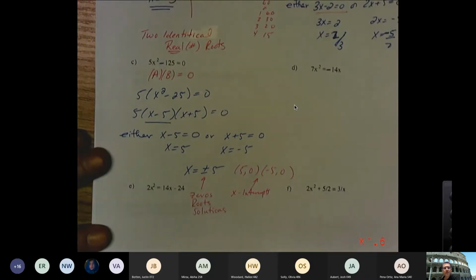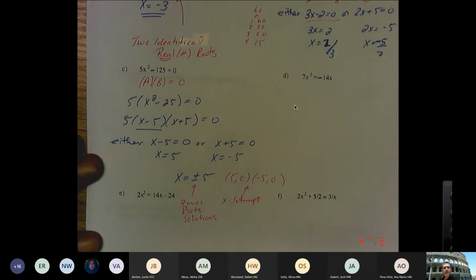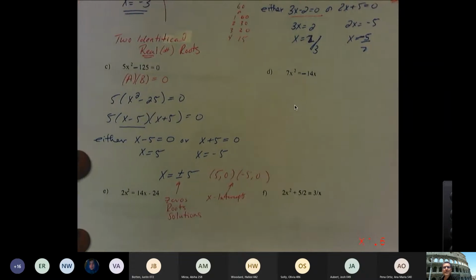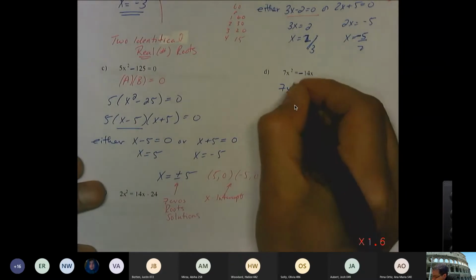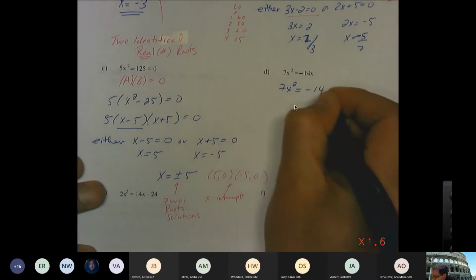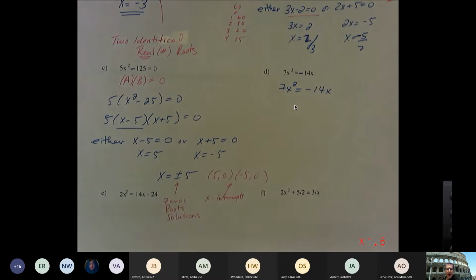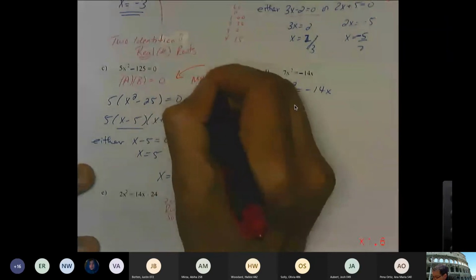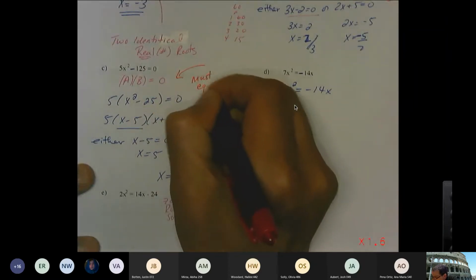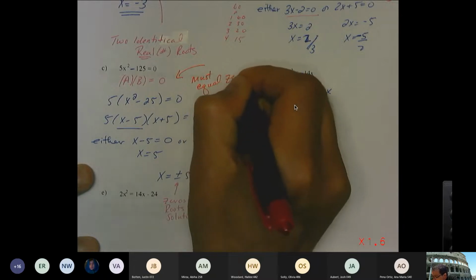All right, so there's a difference, but they definitely are related. Look over at D. Now D is an interesting question. It's 7x squared equals negative 14x. Now, I can't do anything with this until it must equal 0.